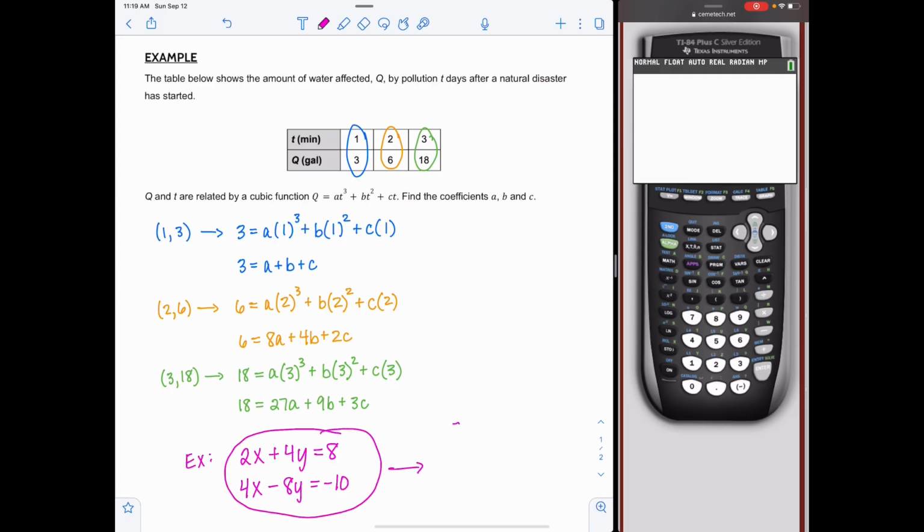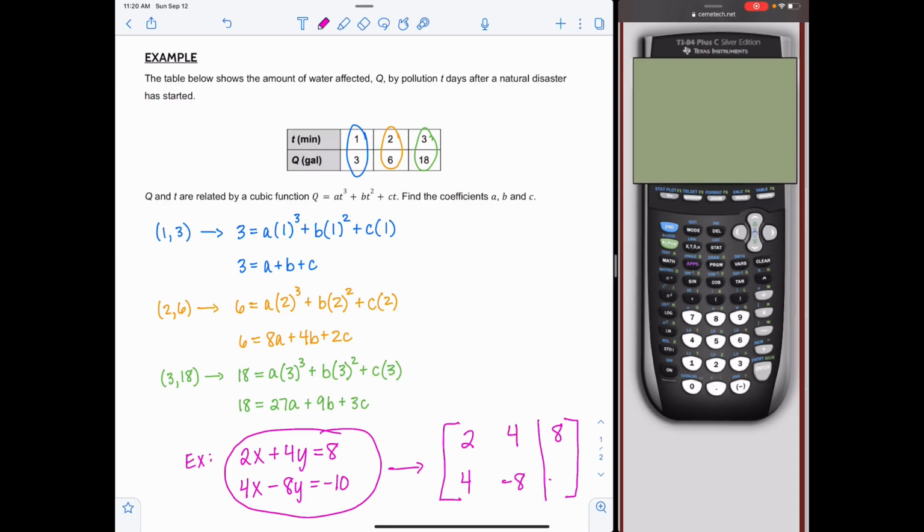You can put it in pretty form into the calculator and make it look just like this. However, if you have the matrix form, you will have to put it in like this. So 2 will be the coefficient of x, 4 will be the coefficient of y, 8 is the regular constant. In the second equation, 4 is the coefficient of x, negative 8 is the coefficient of y, and negative 10 is the constant.